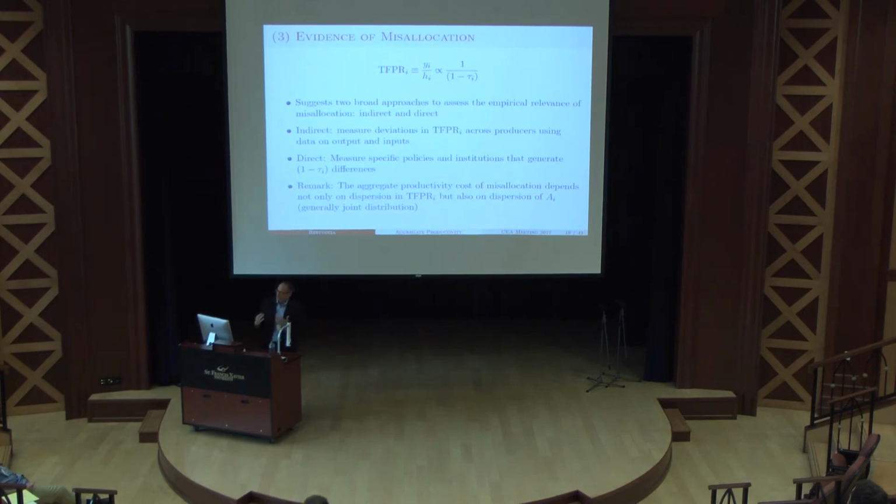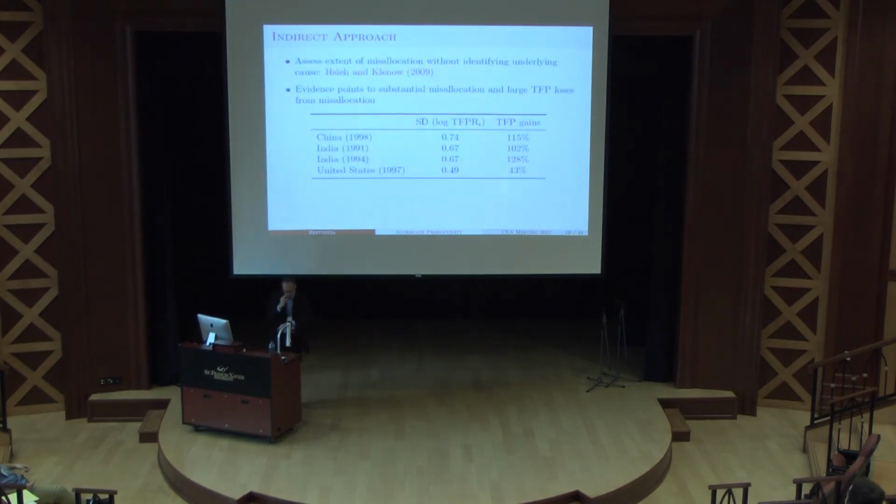And those things don't map one-to-one, okay? The aggregate productivity impact is going to depend not just on the extent of misallocation in the economy, but also on the dispersion of productivities that you face in that economy. And more generally, it's going to depend on the joint distribution, okay? So I'm going to make that point throughout.